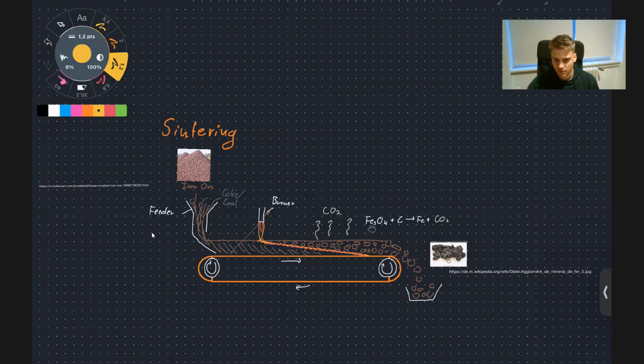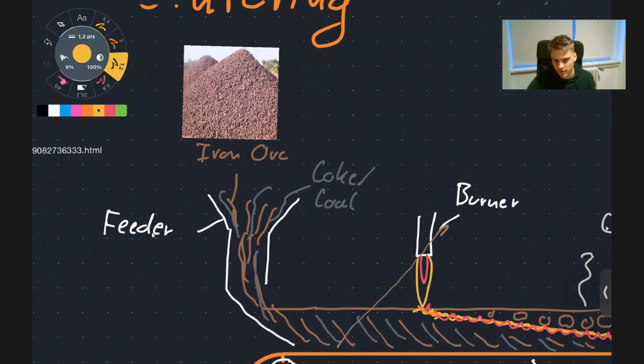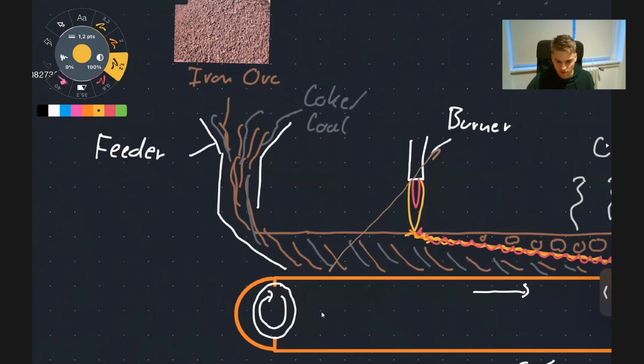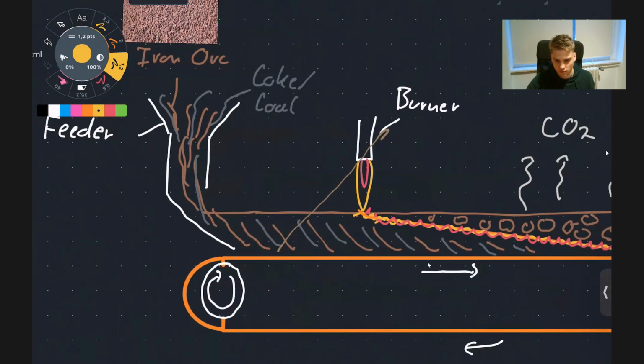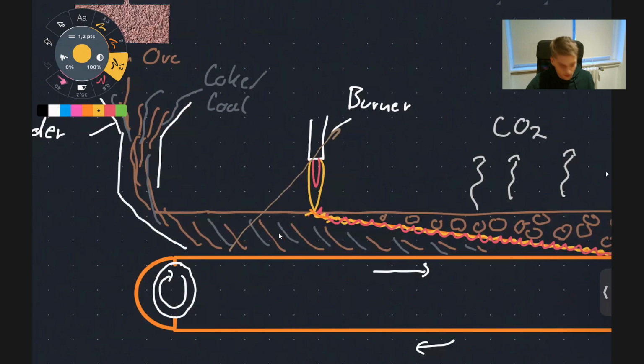The goal of the sintering process is to prepare the iron ore for the application in the blast furnace. This is done by mixing the iron ore with mainly coke or sometimes also other materials and pouring it onto a treadmill. You can see here the treadmill moves to the right. We now have the mixture of coal and iron ore, which is then put onto a burner.